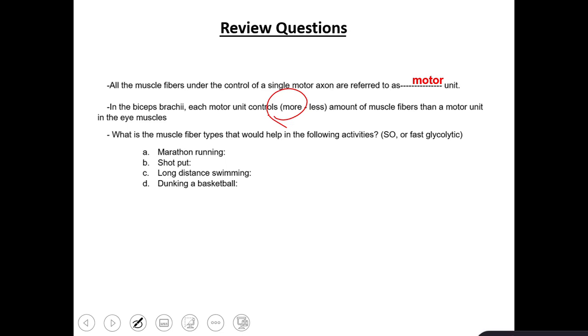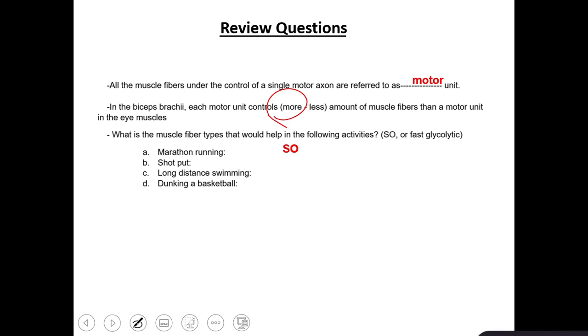What is the muscle fiber type that would help in each of the following activities? Running. Here, you need the muscle fibers that resist fatigue but produce less force, and they are the slow oxidative fibers, the ones with more mitochondria and dense capillaries. The shot put.